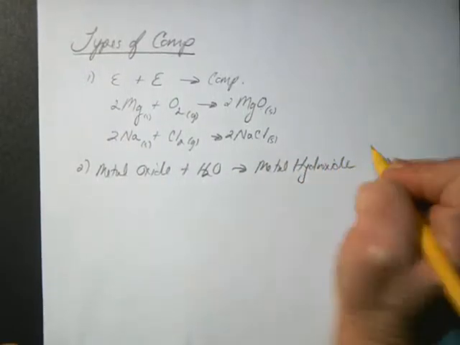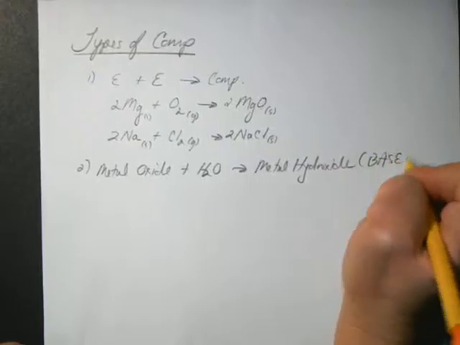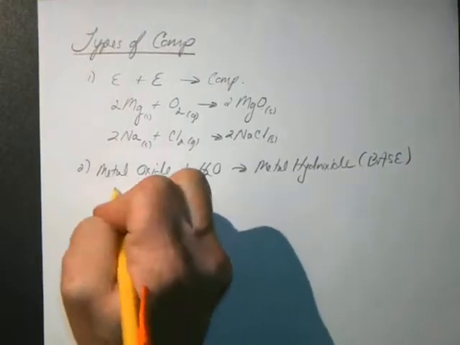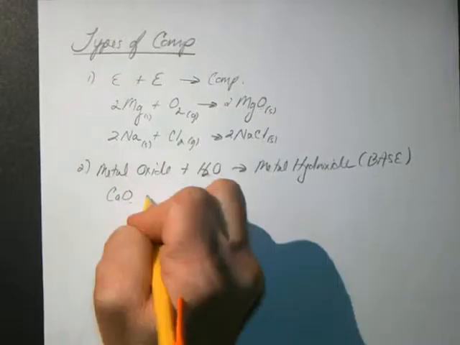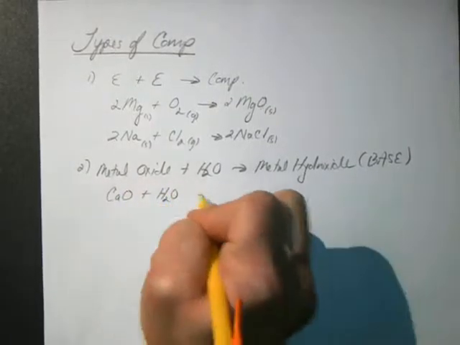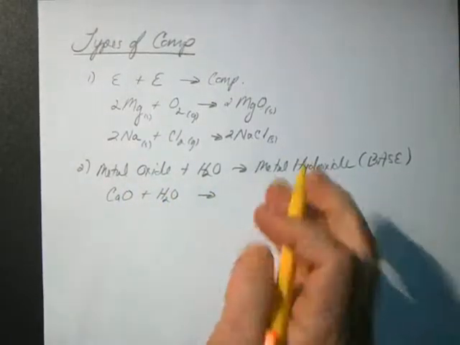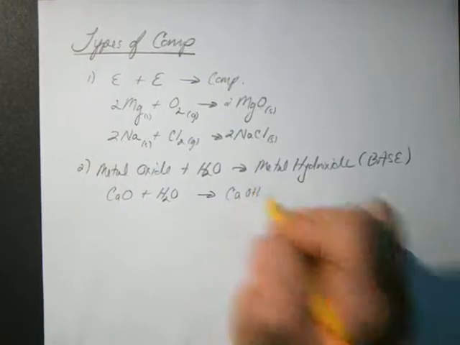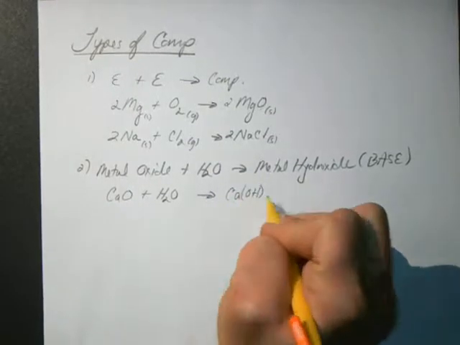That is also what we recognize as a base. So if we would combine calcium oxide with water, to make it specific, the metal here is calcium. To make it a hydroxide, +2 -1, so we need a 2 to balance.